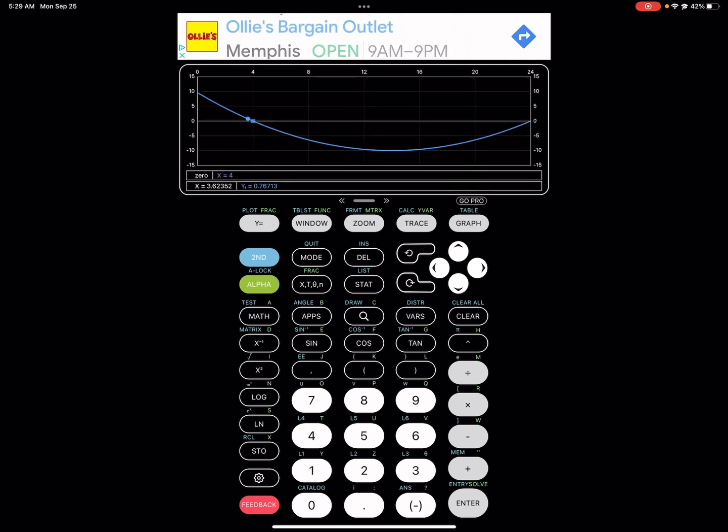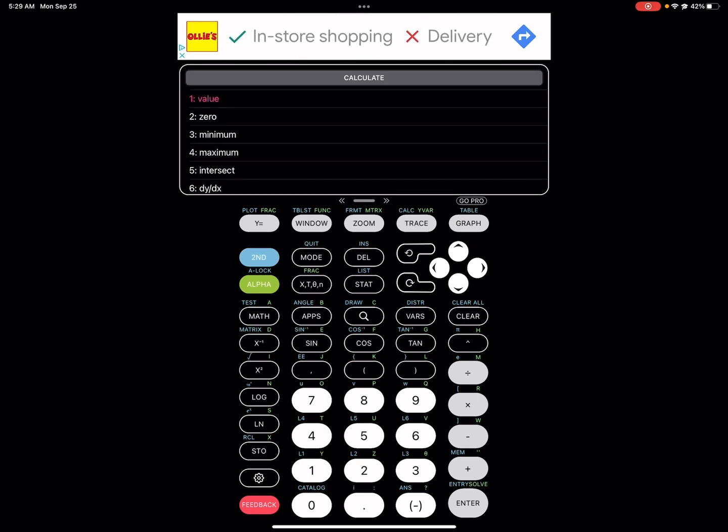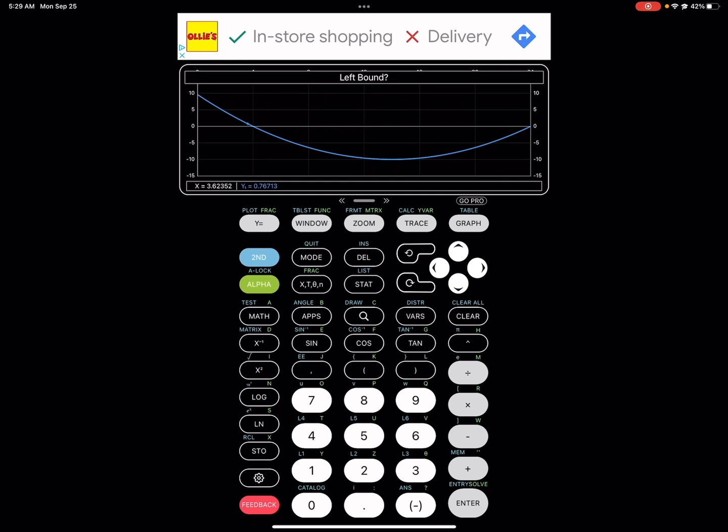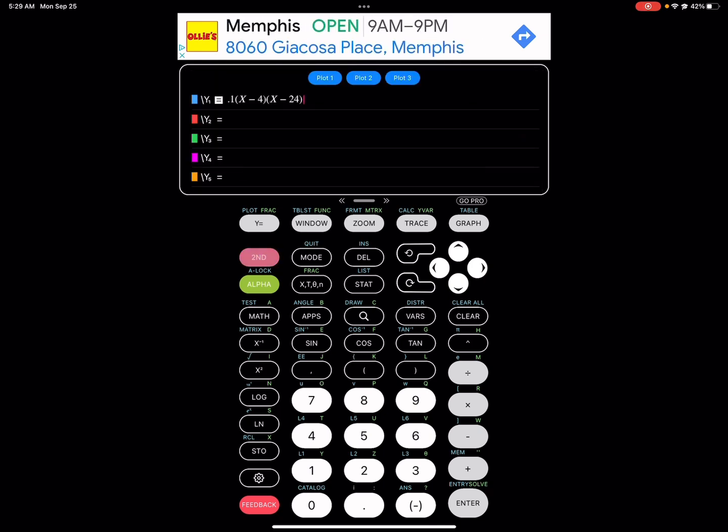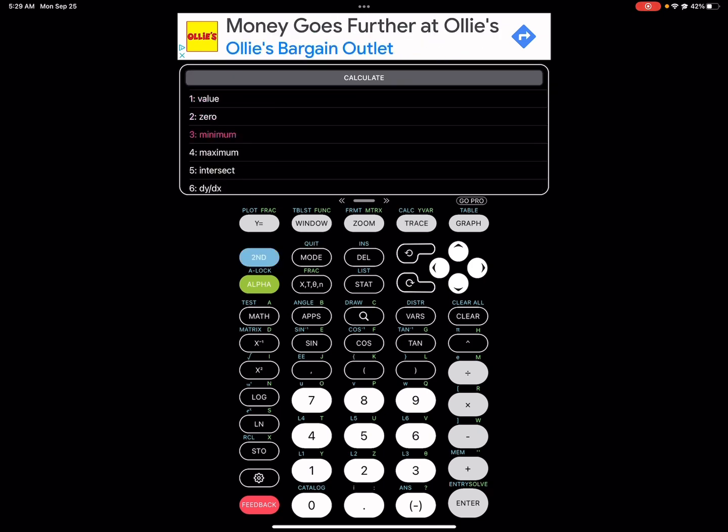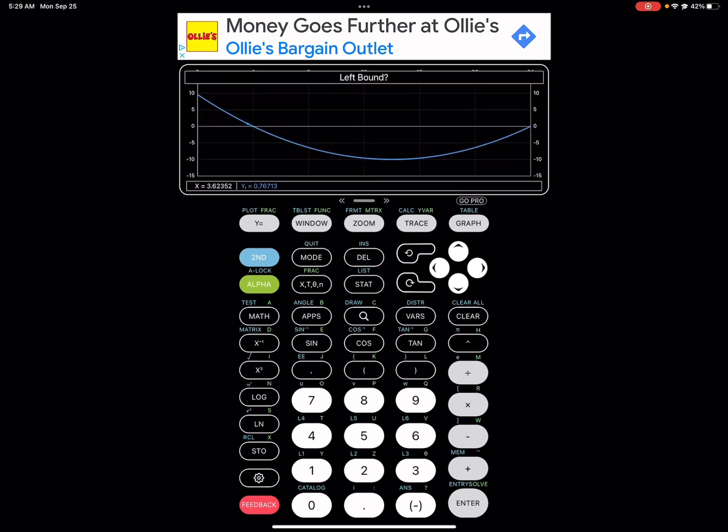Okay, and if I want to find that minimum value, I'm going to do second calc. I did not mean to click that. Second calc, go down to minimum, press enter. Left bound, I want to make sure that point right there is to the left of my vertex. So we'll go right there, press enter. Right bound, I'm moving it to the right of my vertex. So we'll go over here on this right side, press enter.